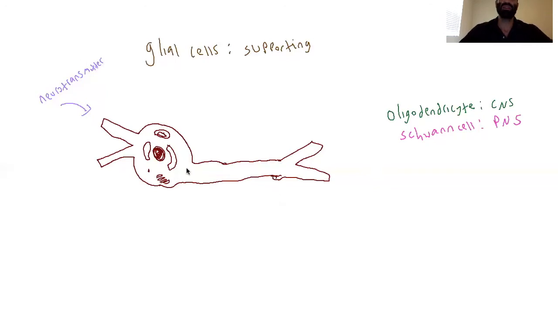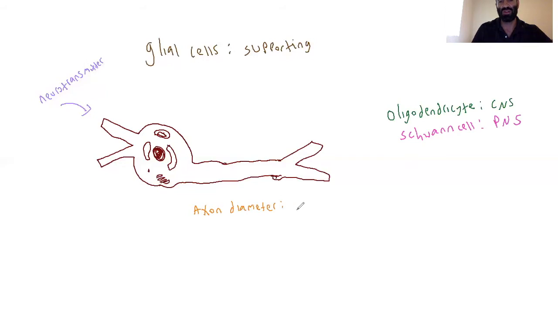However, the conduction speed is only so fast because the signal has to make its way down the length of the axon. And there are two factors that determine the speed. I know I'm going on a bit of a tangent, but it will all tie in. The first is axon diameter.